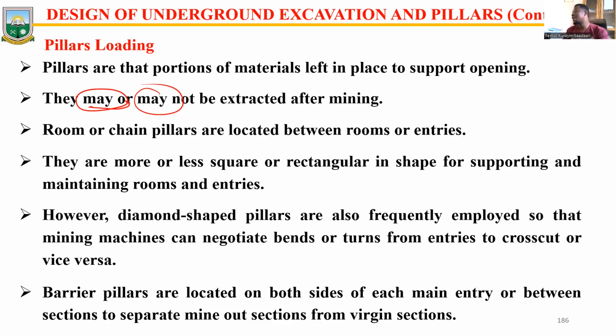Okay. So pillars are more or less square or rectangular in shape for supporting and maintaining rooms and entries. However, diamond-shaped pillars are also frequently employed so that mining machines can negotiate bends or turns.